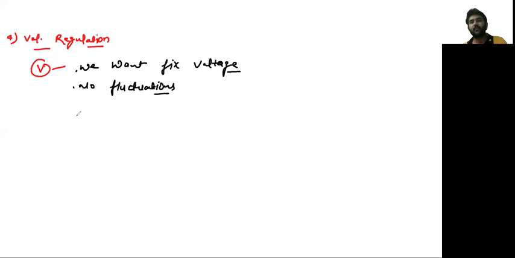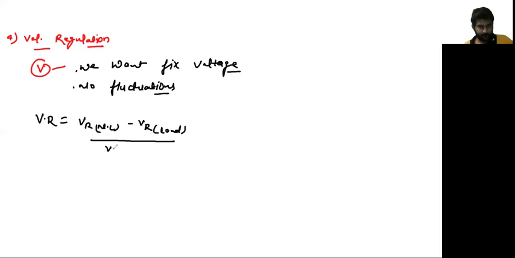So voltage regulation gives us the parameter that deals with the fluctuation. We can see how the voltage is changing at the terminal. Mathematically, voltage regulation is the voltage at no load minus the voltage at any load, divided by the voltage at any load.